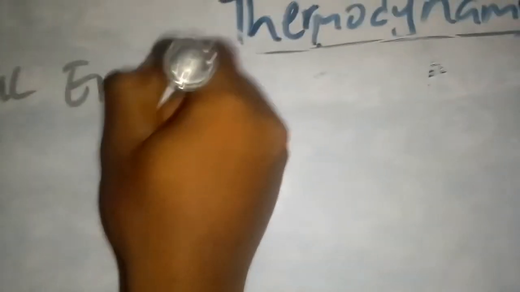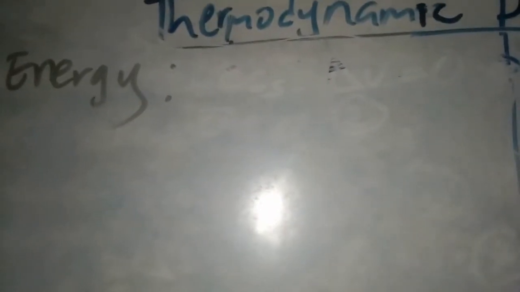Internal energy of this isothermal process will be given as delta U. Okay, let's do the heat flow first.